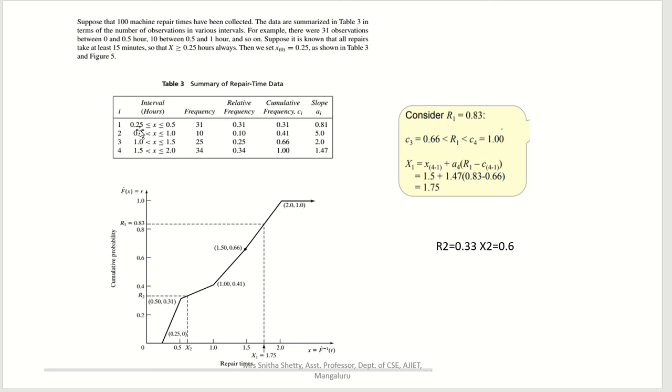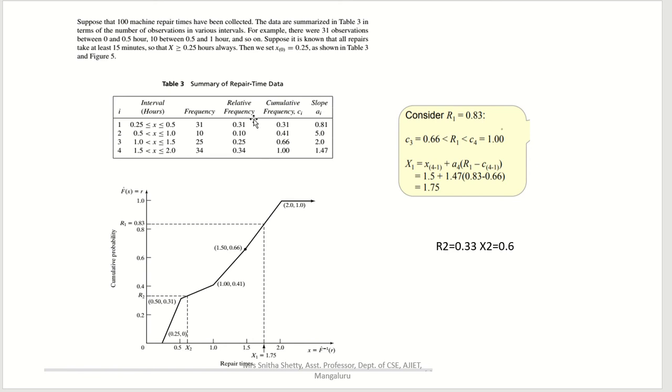So set x_0 = 0.25, and don't get confused: even though they gave 0 to 0.5 hour, I'm taking 0.25 to 0.5. Next they gave 0.5 to 1 up to 2 hours, and the frequencies are given in the question.